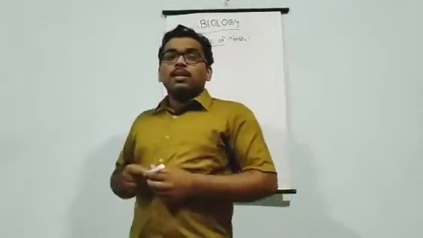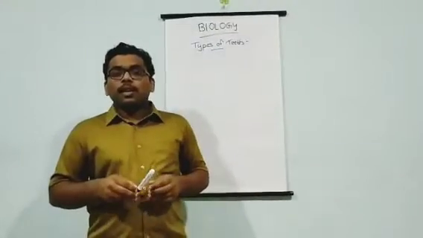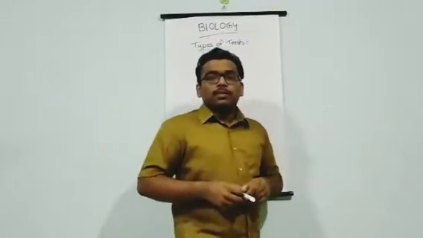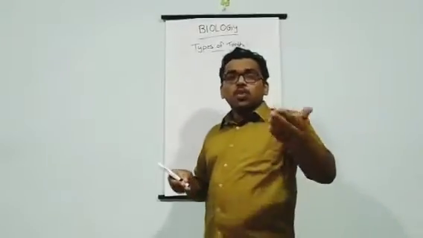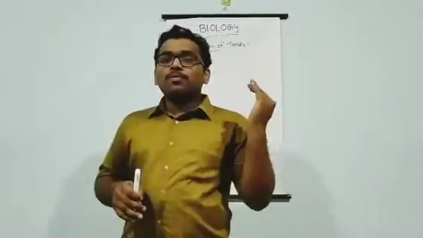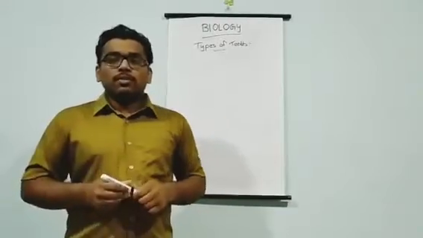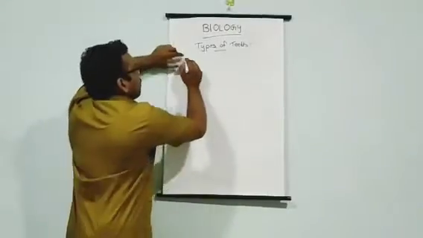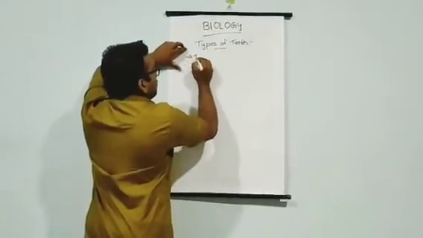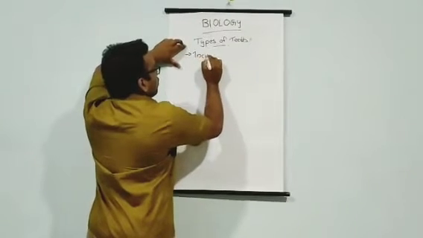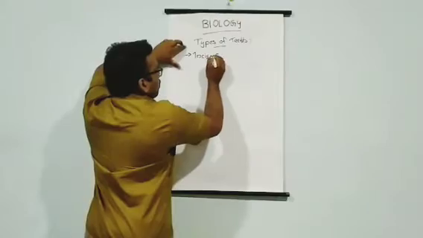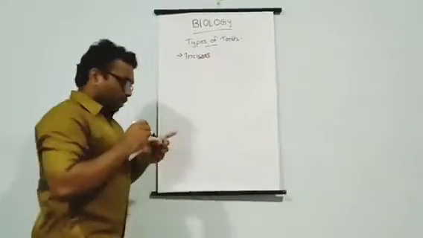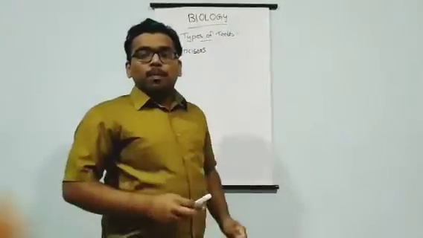Incisors are 8 in number, 2 on each side in top and bottom, at the front. So we discussed the incisor type of teeth.